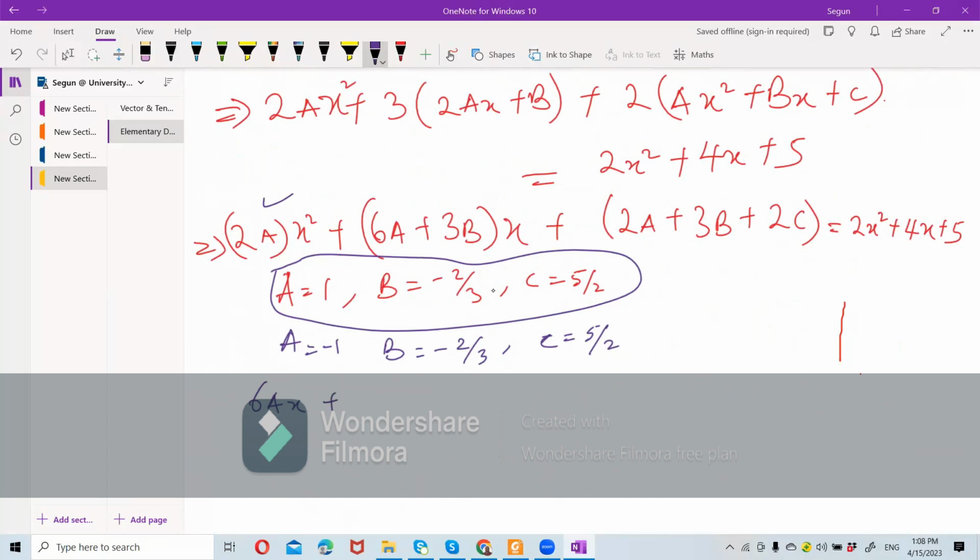6ax plus 3b. Do you agree? Plus 2ax squared plus 2bx plus 2c.